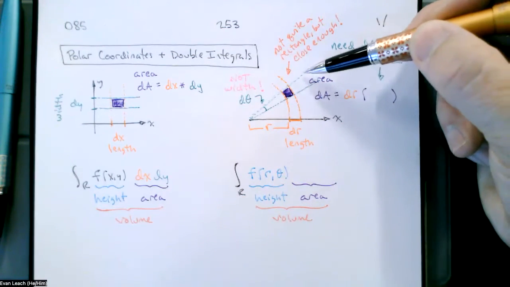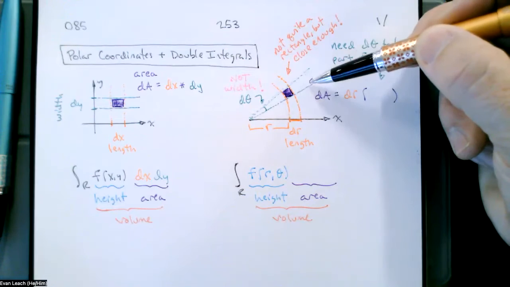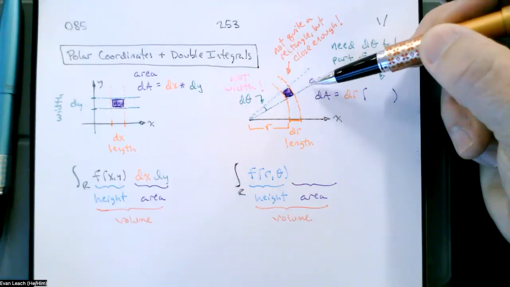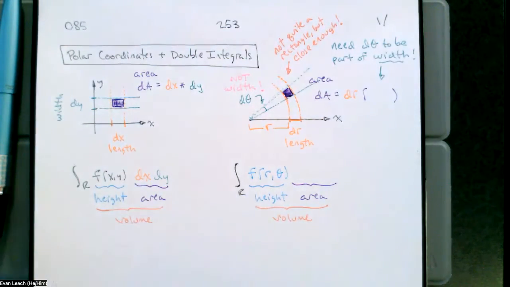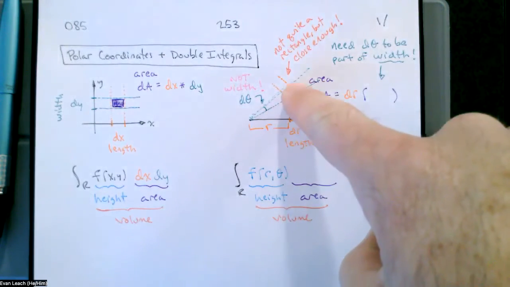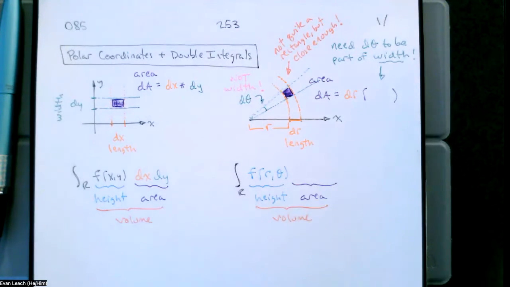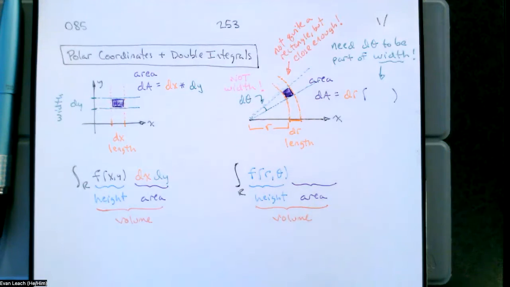But out here where we're far away from the origin, that orange side is very large. Fortunately for our heroes, we know the circumference of a circle. And also, fortunately for our heroes, this length that we're going to use for the r, that little curved piece, is proportional to how far we are from the origin.